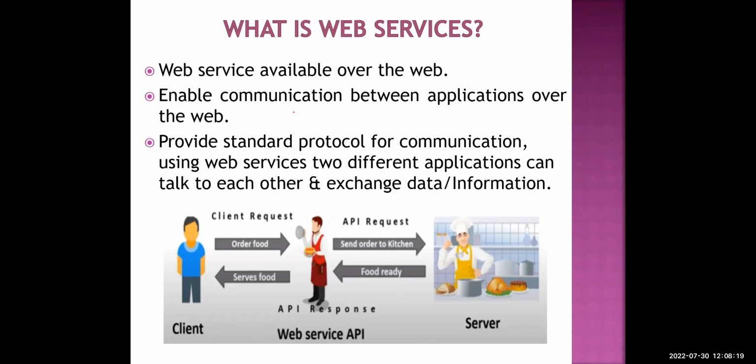The same web service helps you enable communication between applications over the web. That is the reason through MakeMyTrip, through Google, we are able to communicate with other applications. It provides a standard protocol for communication using web services. Two different applications can talk with each other and exchange their data and information through the web service.